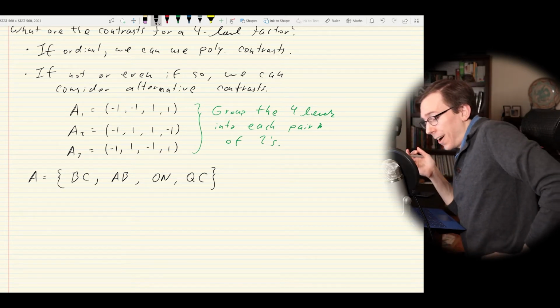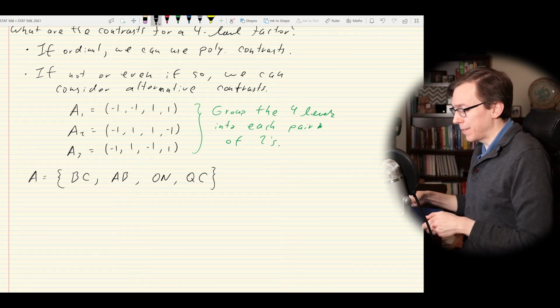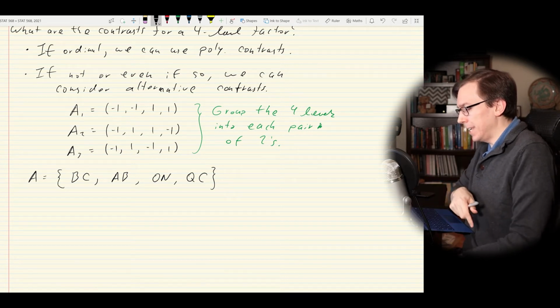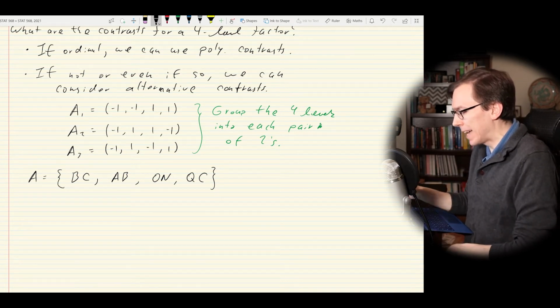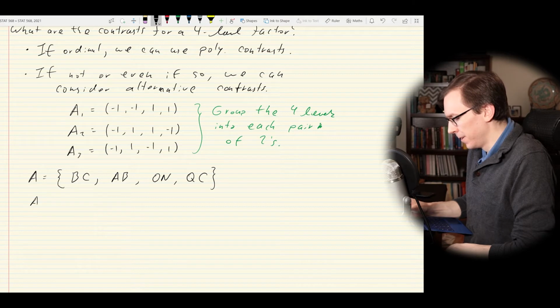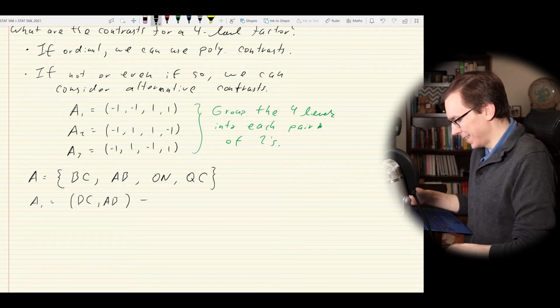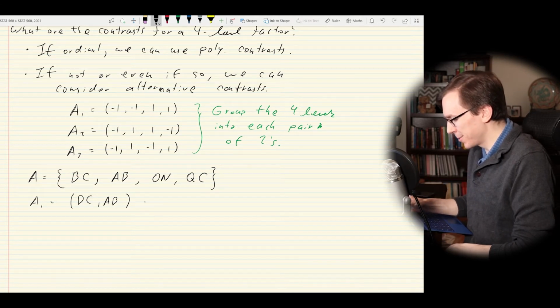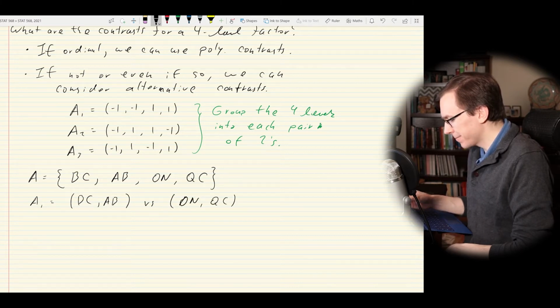If we looked at these contrasts, we'd effectively be grouping up the provinces. The first contrast, A1, would say that we have BC and Alberta versus Ontario and Quebec.